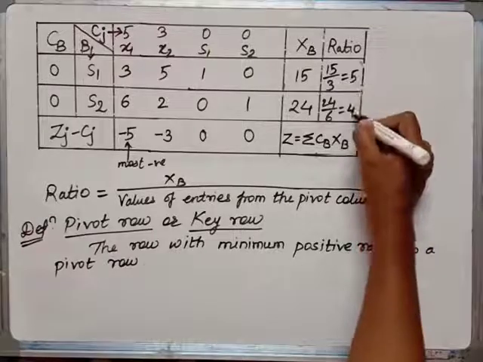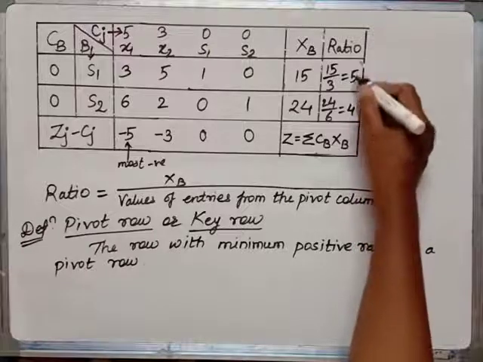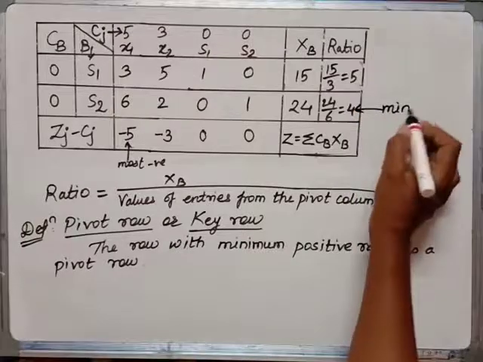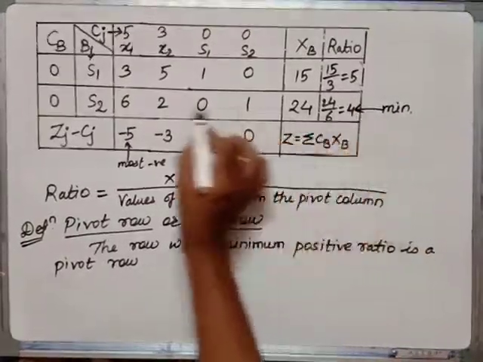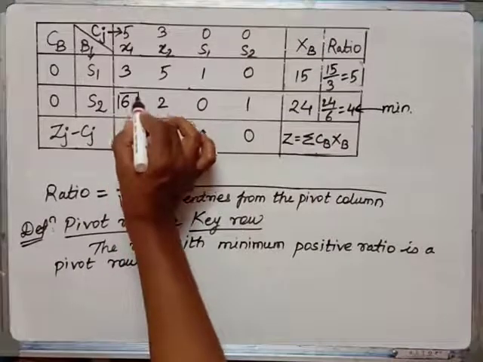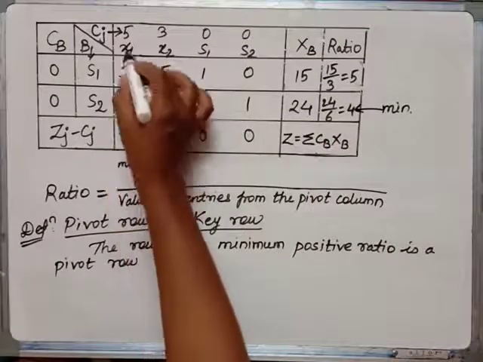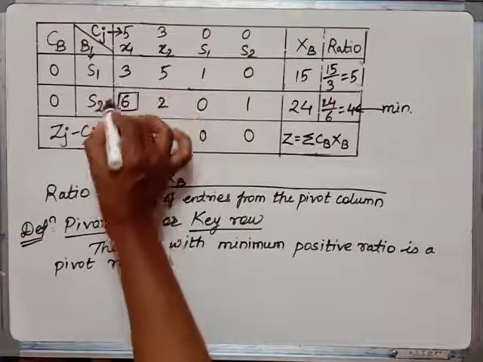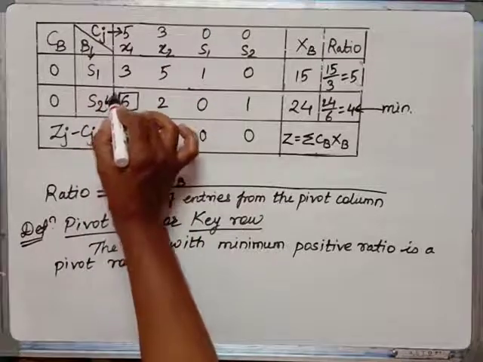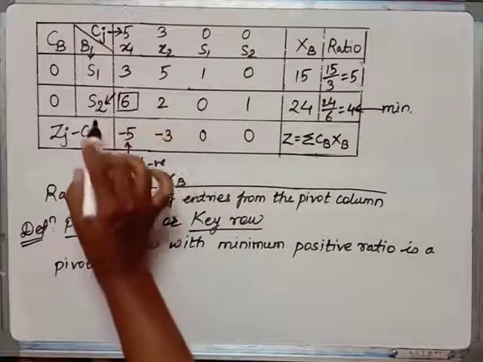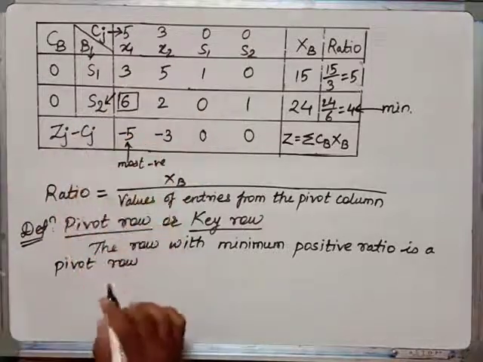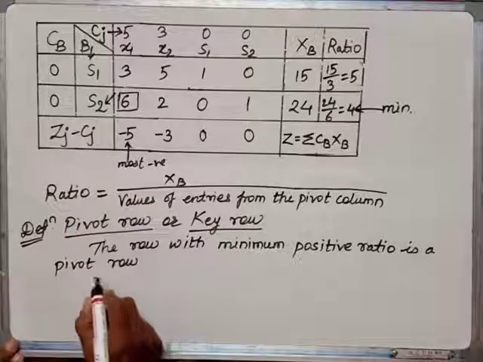So what is for positive? Which one is the minimum among 5 and 4? This 4. So this is minimum here. This 4 is minimum, means here this x1 will enter in a basis at what? At s2. So s2 leaves the basis and x1 enters at the position of s2. So what can I say?